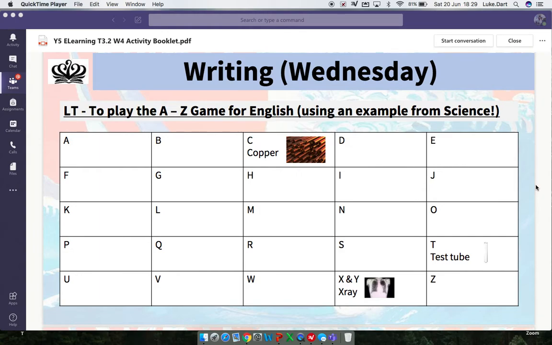Some form of radiology, I believe. I don't know too much about it myself, but definitely something to do with science, and the example there is on the screen. Have a look at the letter T, test tube. Of course that's something to do with science. So that would be a great example for you to use for the letter T.